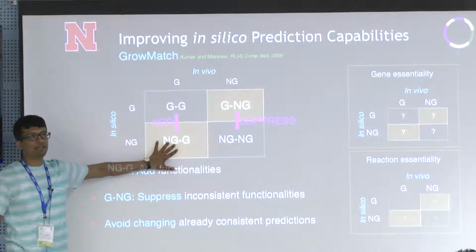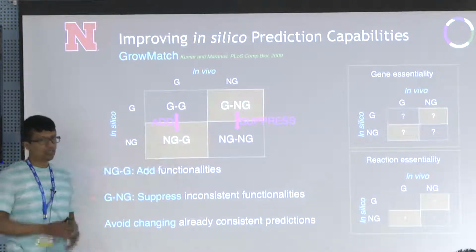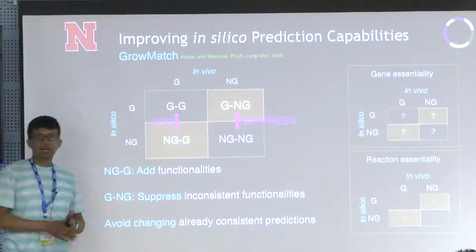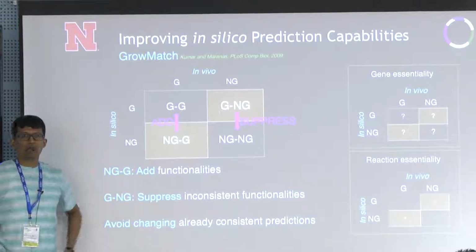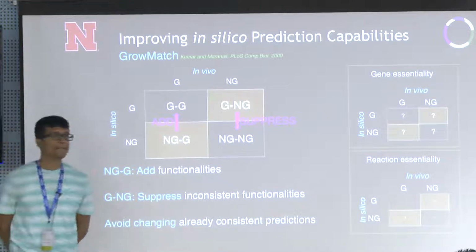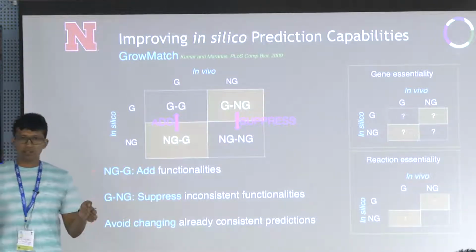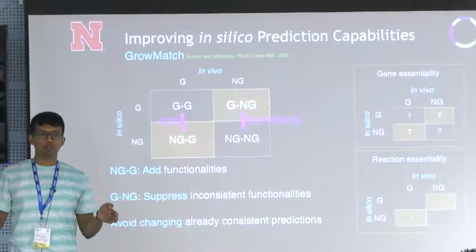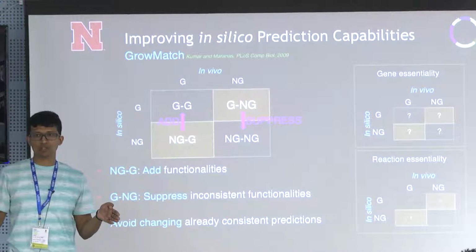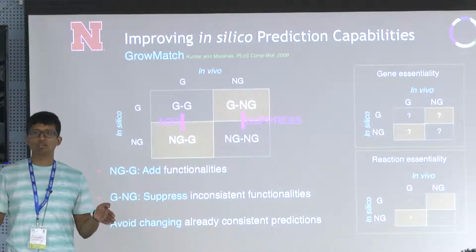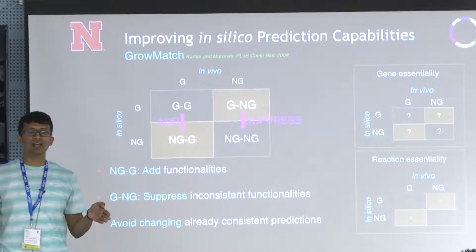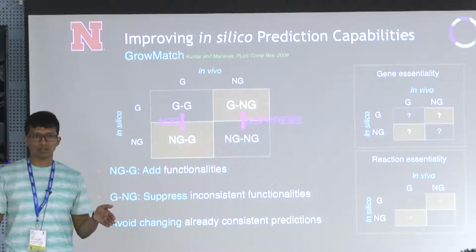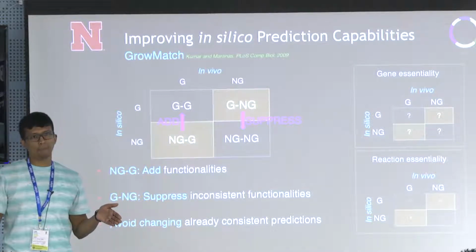When you are fixing NGG, you are adding a reaction. You might be able to fix that case, but what could go wrong? The question is, for a single gene, experiment shows growth, model shows no growth, which you would like to fix by adding another gene. You fix that condition. What could go wrong?